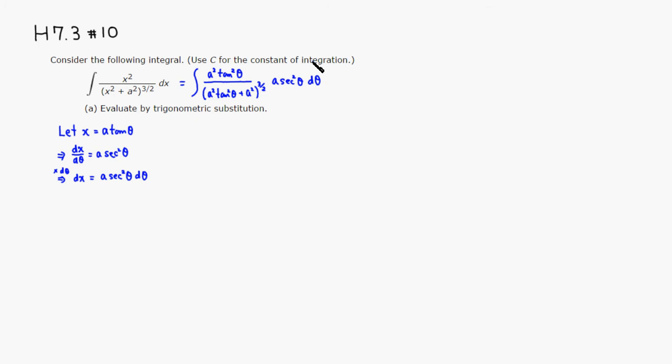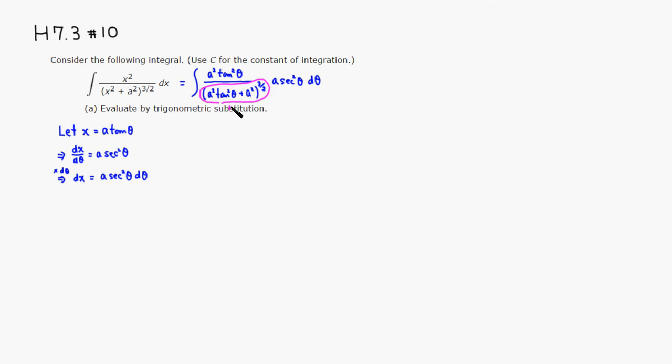Alright, so let's try to simplify as much as possible. Here, in the denominator, first I'm going to pull out the a squared because both terms have an a squared. So a squared raised to the 3/2 power would be a cubed.